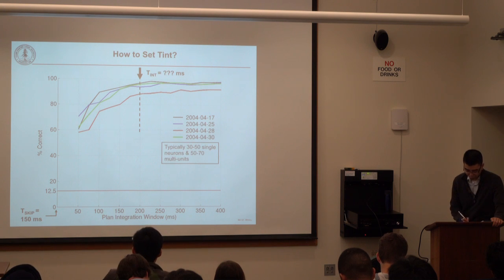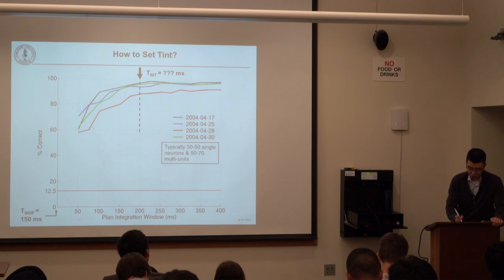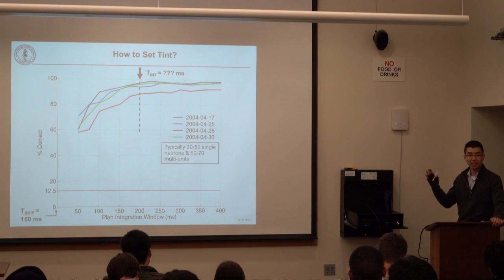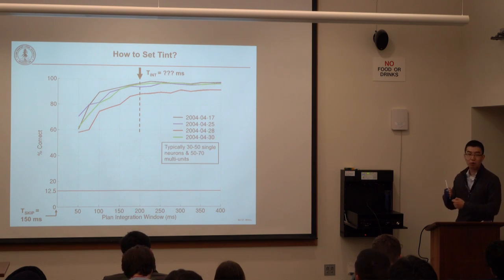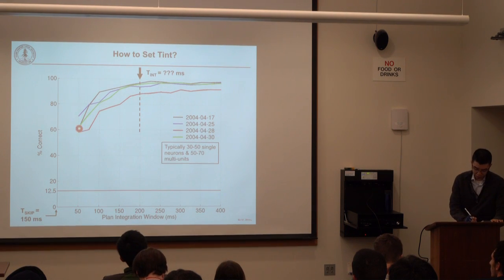When you integrate data for longer, you get a better measure of the average firing rate, and you're able to decode better. Whereas if you only integrate data for 50 milliseconds, those spikes could be really noisy. If you try to decode off of this very small window of data, you would have pretty poor accuracy. And so this is already hinting at what the optimal tint should be.